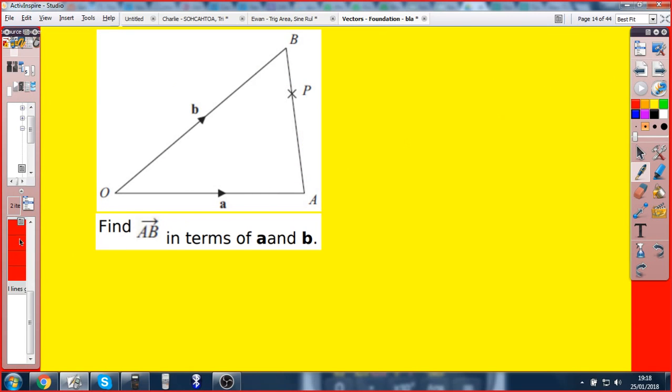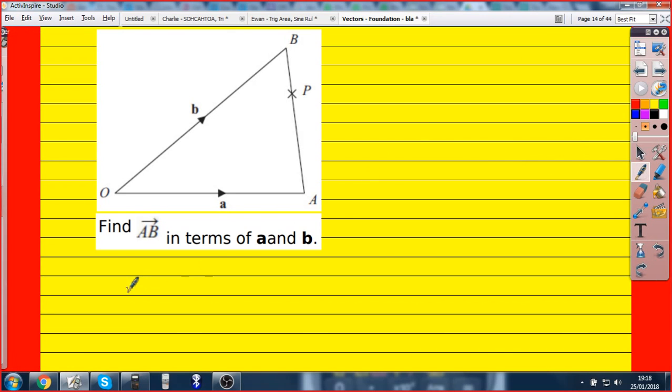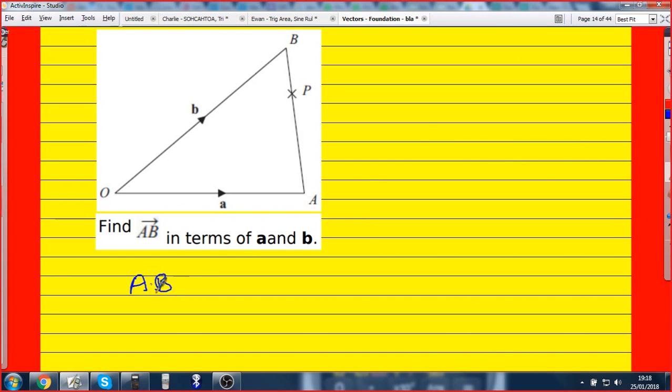Okay, this one. What is AB for this one? Well, then you go B O. Well, you're starting from A. Oh. So you go A O. Yeah.